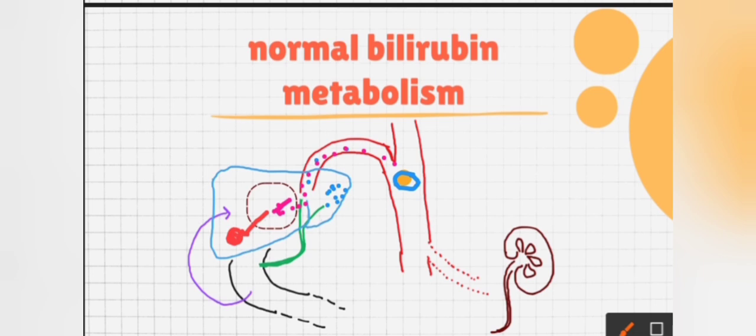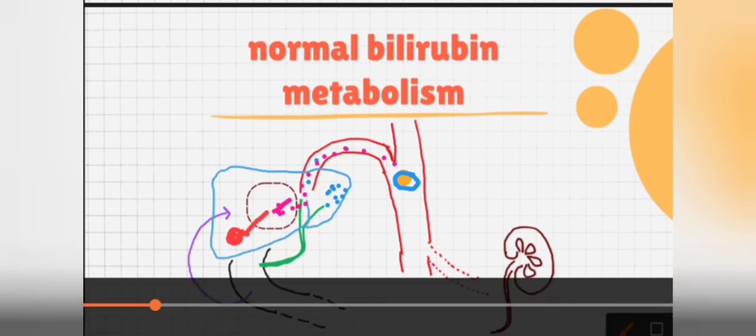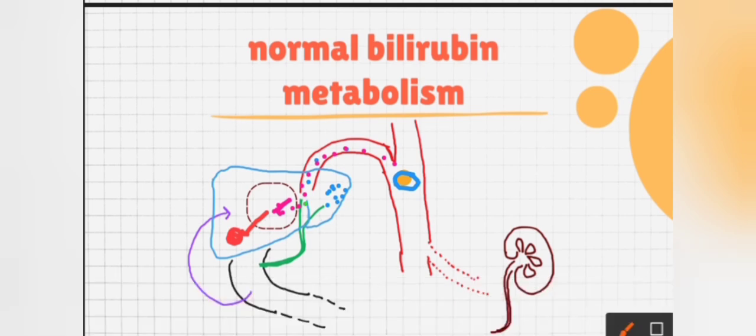So this is the conjugated bilirubin which is formed inside the hepatocyte, and the drainage system of the hepatocyte is the biliary tree, this green colored structure. So via the biliary tree, it is transported into the duodenum. So in the duodenum, what we get is the conjugated bilirubin.